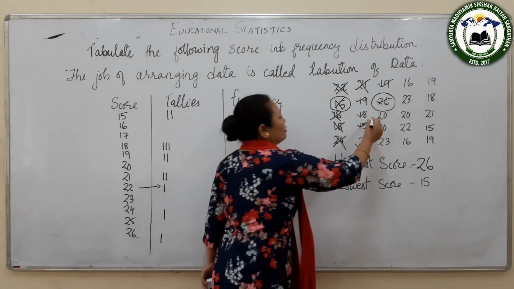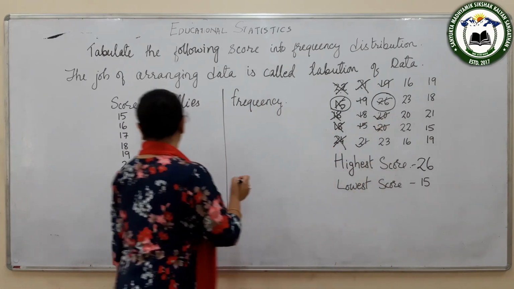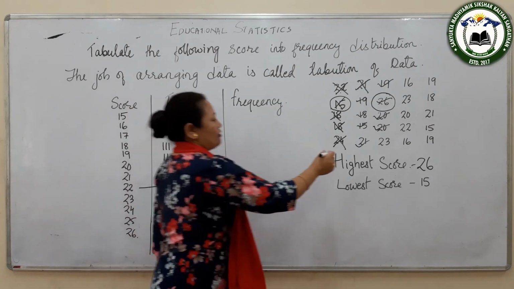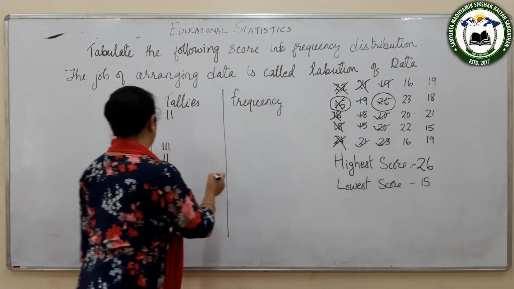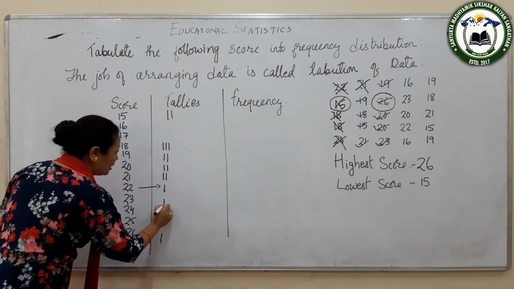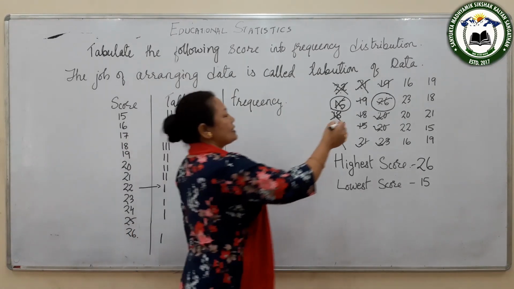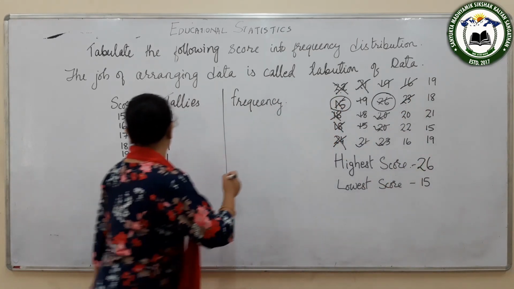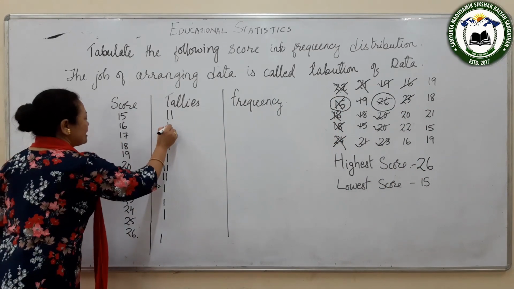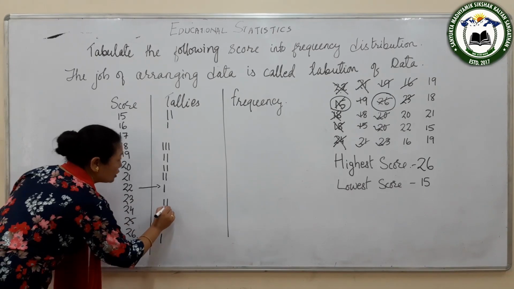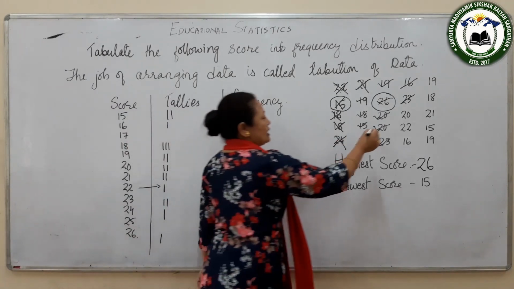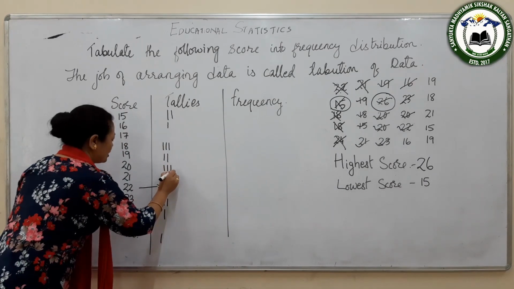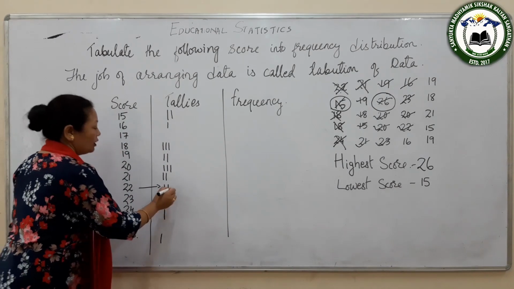Then we have 2 20s, so 20, 20. After that is 23, over here. Then 16, 23. So 16, then 20, 22, so likewise 20, 22.